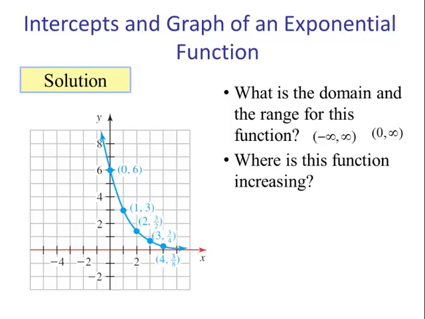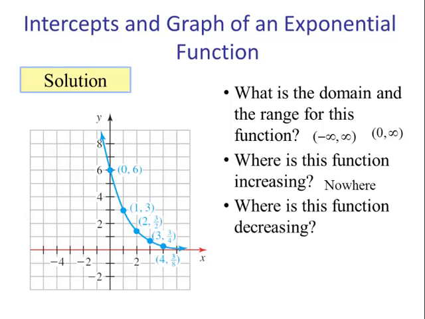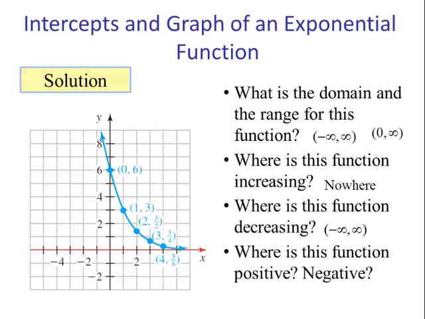This function is increasing nowhere. This is exponential decay, whereas the function is decreasing everywhere, all real numbers. This function is positive for all values of x because the graph is only in quadrants 1 and 2, and thus it is positive everywhere, all real numbers, and negative nowhere.